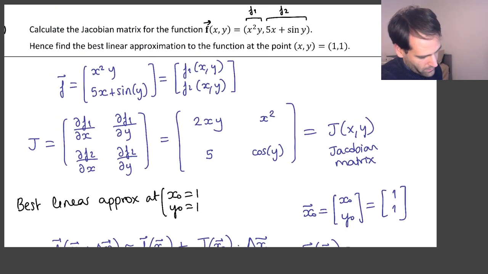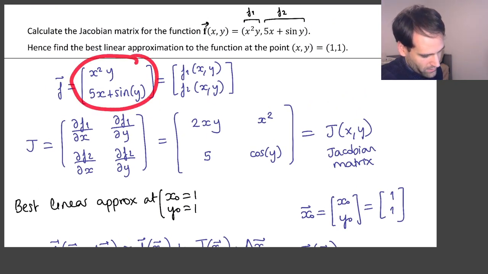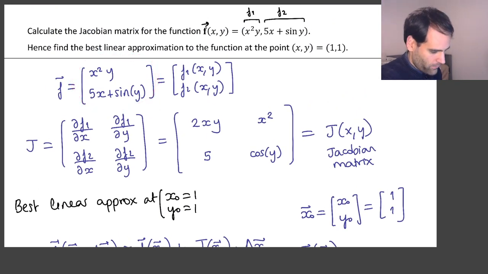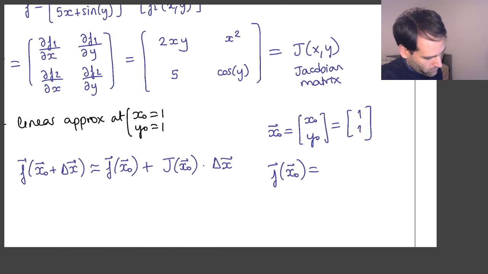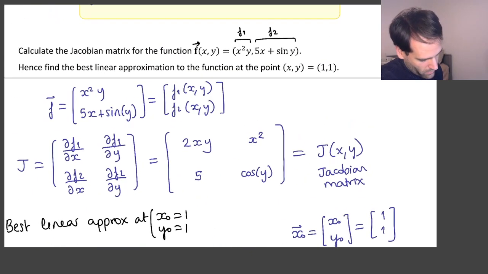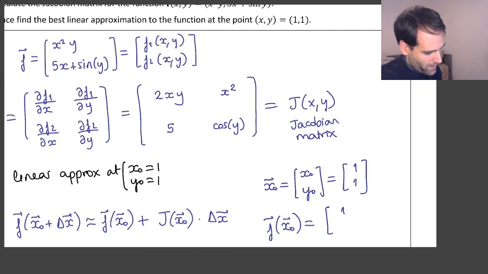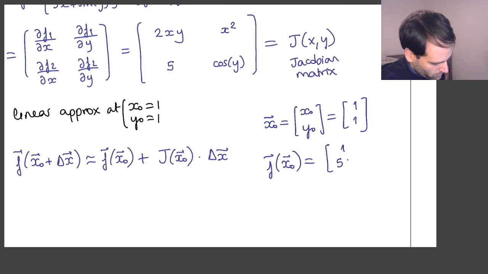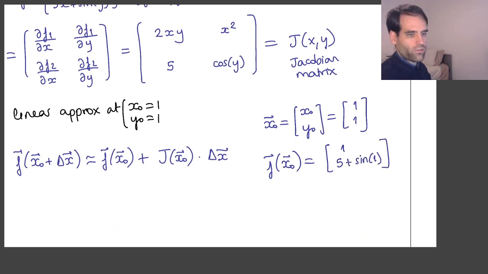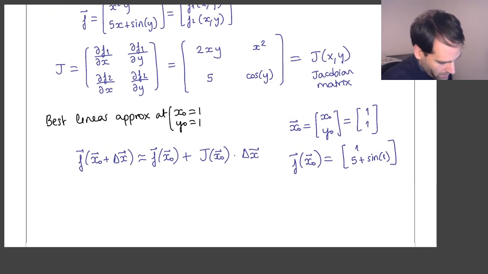That will be function f, but substituting the values of x0, so 1 and 1. So it will be 1 squared times 1, that will be 1. And here it will be 5 times 1 plus sine of 1. It will be 5 plus sine 1. Okay? So that will be f of x0.